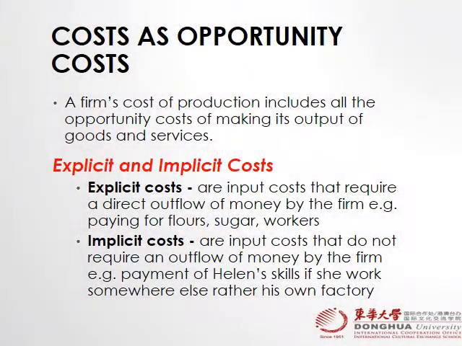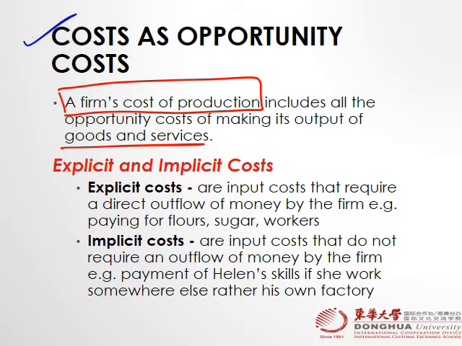And now the classification of cost on the basis of opportunity cost. A firm's cost of production includes all the opportunity costs of making its output of goods and services. So now are you clear why we are focusing on cost of production rather than total revenue? Because total revenue includes a part of consumer behavior, because who creates demand?